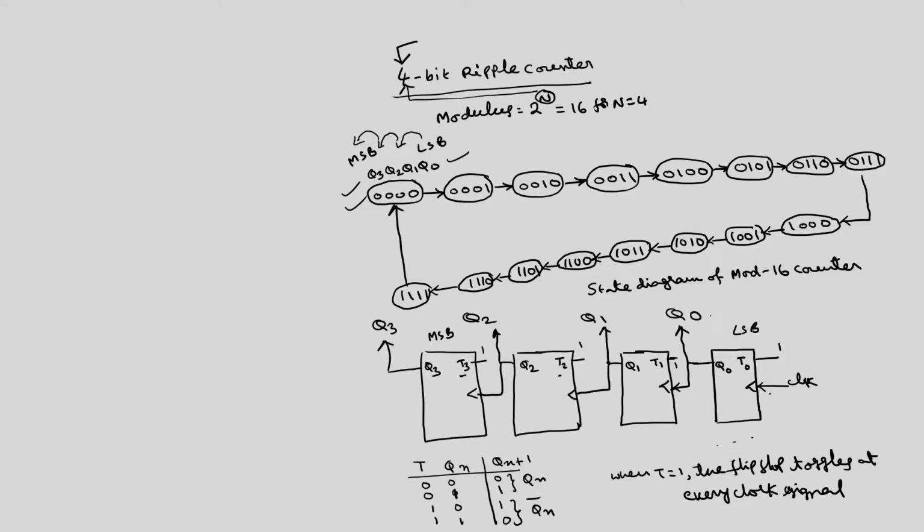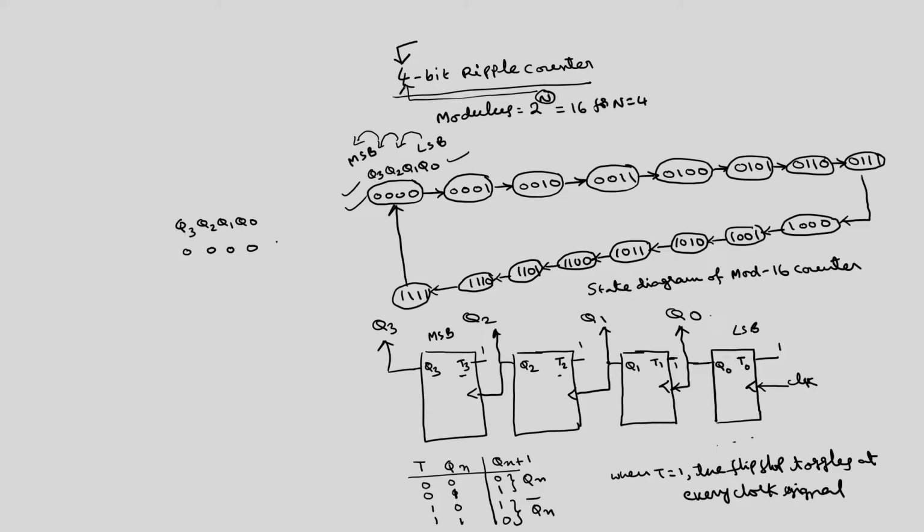Here this clock can be either positive edge triggered or negative edge triggered. Here I have not drawn the bubbles, so that means it is positive edge triggered. If I take the count sequence of this, assume the initial state is Q3, Q2, Q1, Q0 equal to 0, 0, 0, 0.